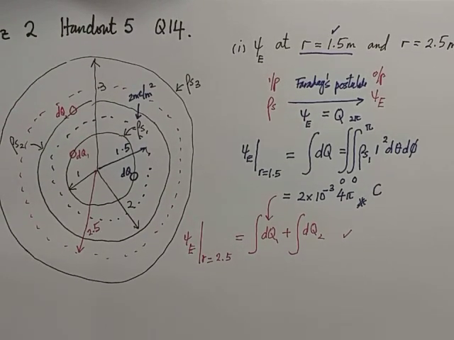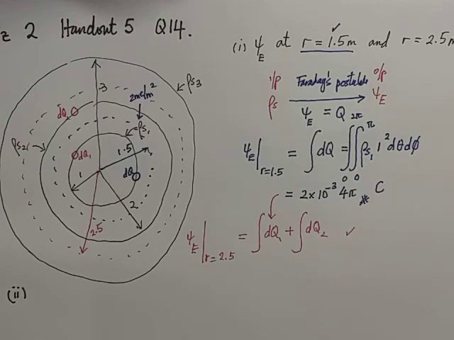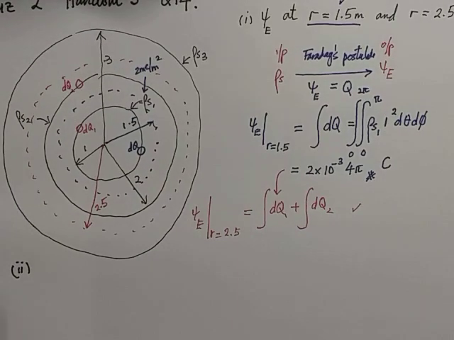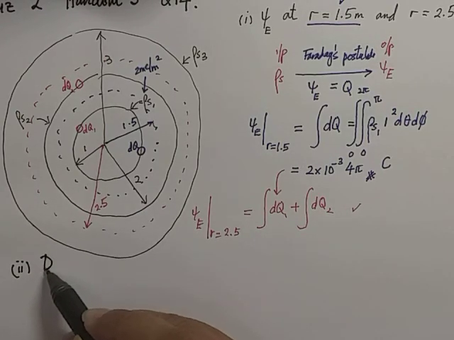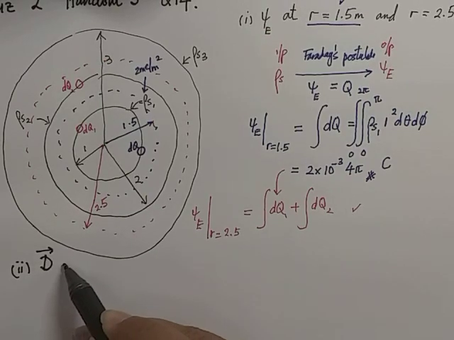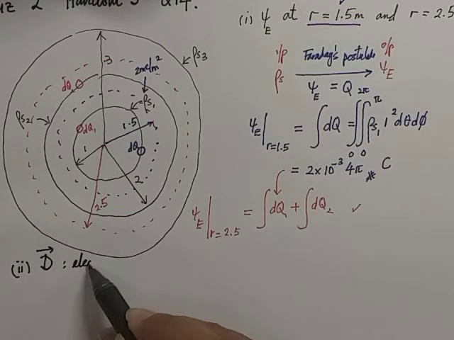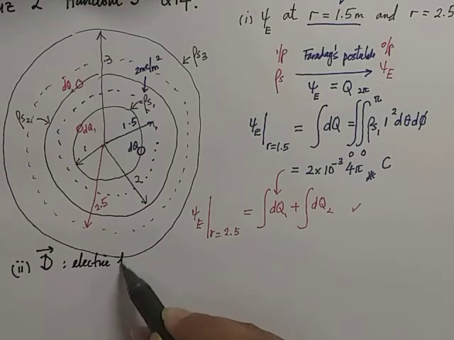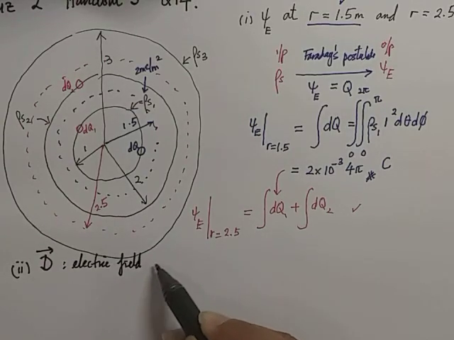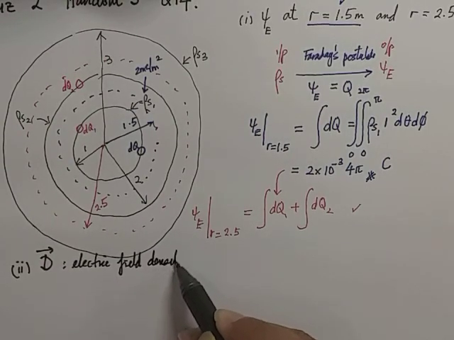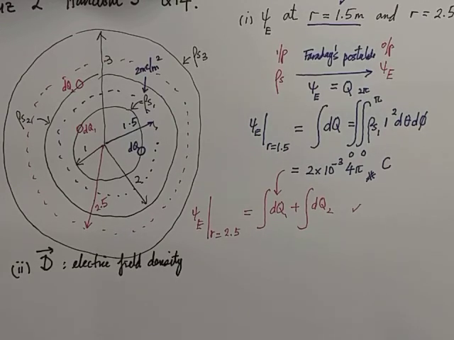Okay, so I'm going to use this. So part 2 now. Okay, so D, remember, is known as electric field density in our case, or sometimes people also denote it to be electric flux density.